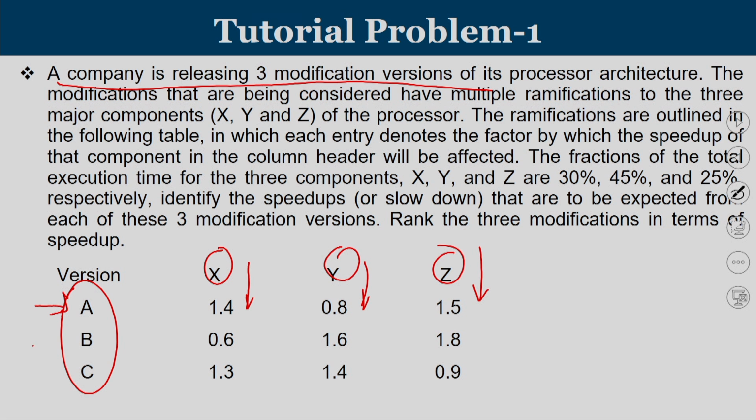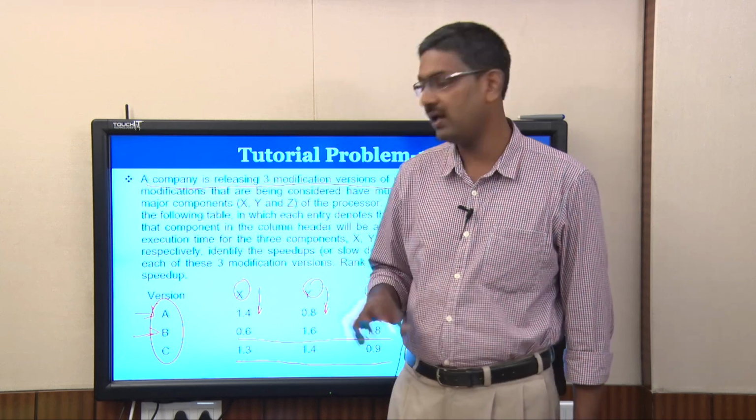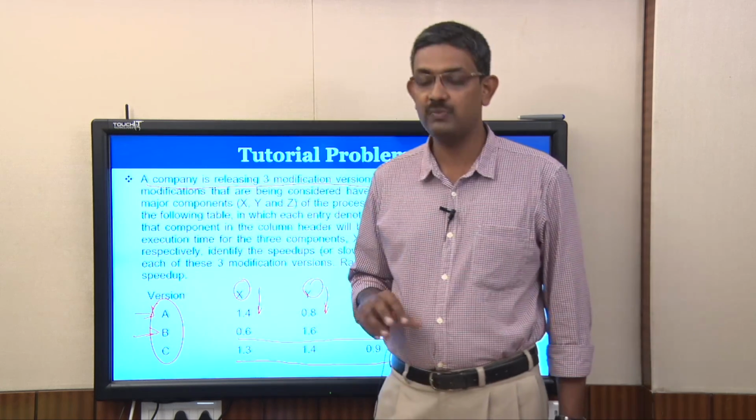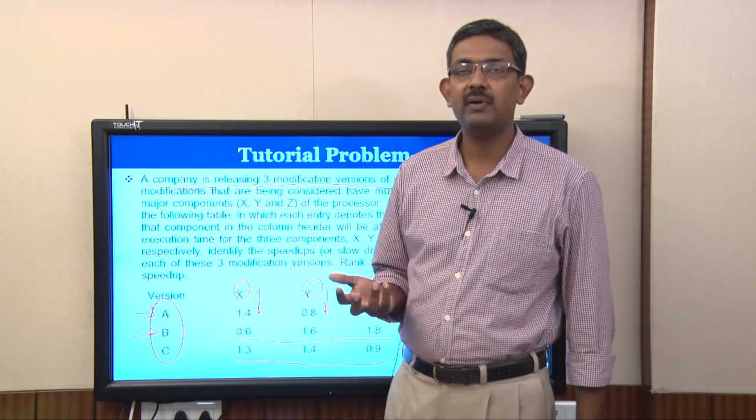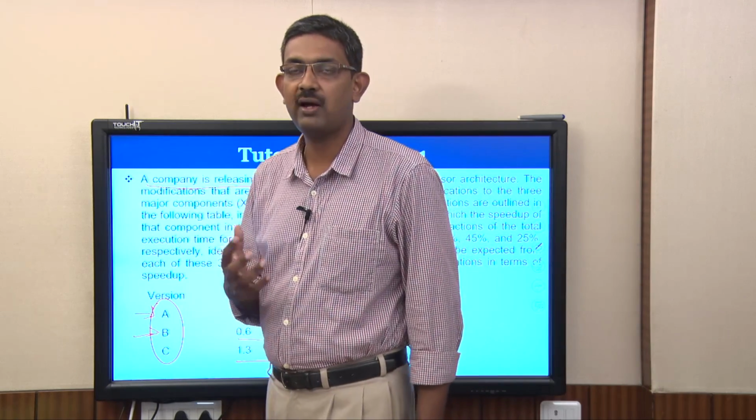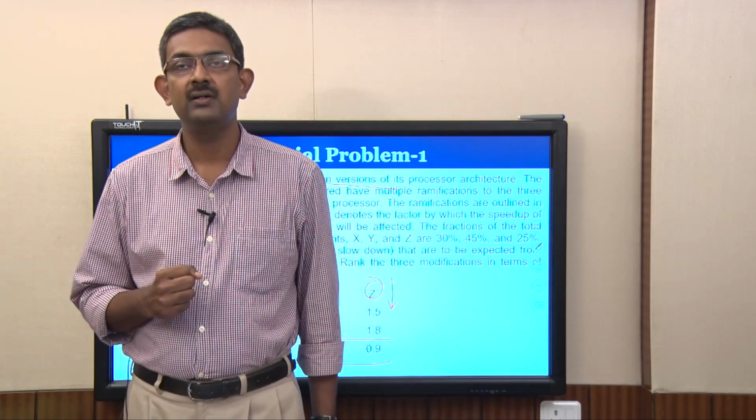If you apply version B, then we can see that these are the speeding up factors correspondingly on X, Y, Z, and for C, these are the speeding up factors. So, we can see that when you are going to use version A, component X is going to be speeded up by a factor of 1.4, whereas component Y and component Z are going to have a different kind of speed up.